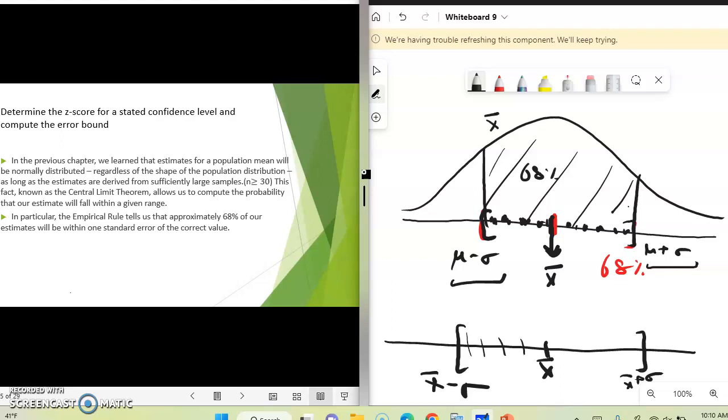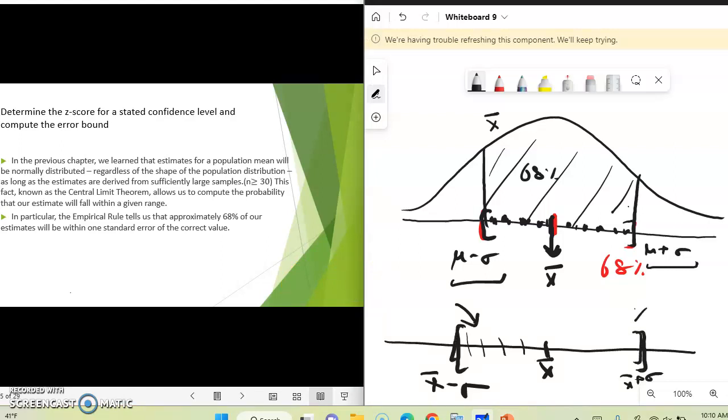So there is a 68% chance that our interval will contain the true population mean. We can also say it like this, right? There is a 68% chance that our true mean will lie within this interval, the confidence interval. So we can call this a 68% confidence interval in a sense.